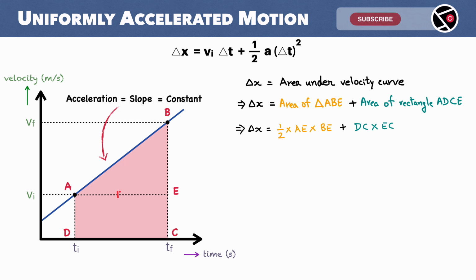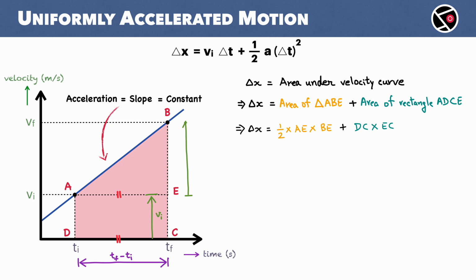Now AE equals DC, both equal to tf minus ti. EC is Vi. BE is Vf minus Vi. So we have tf minus ti is delta t.